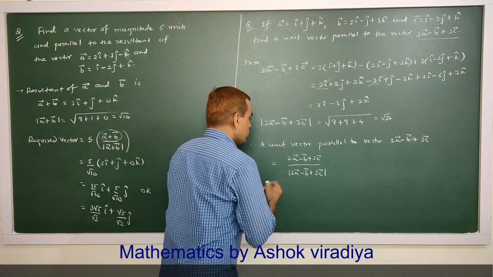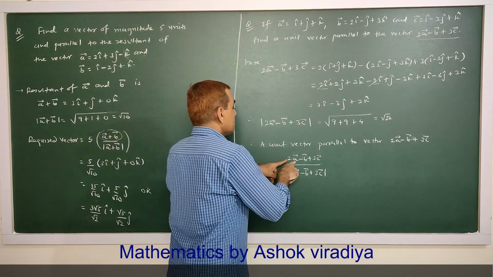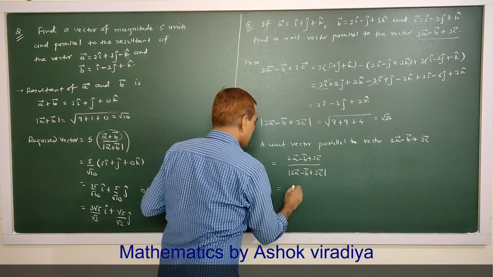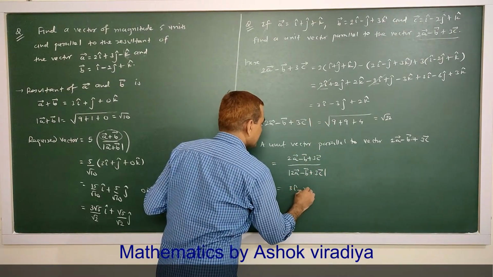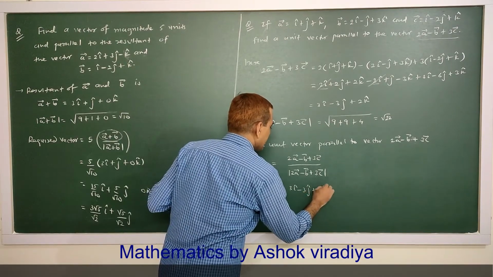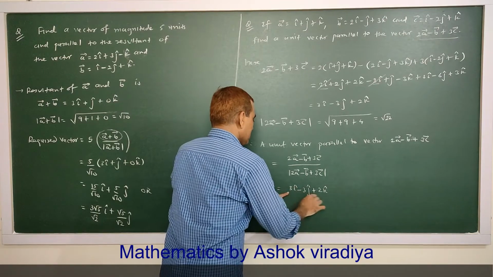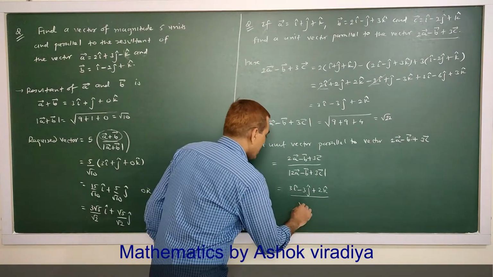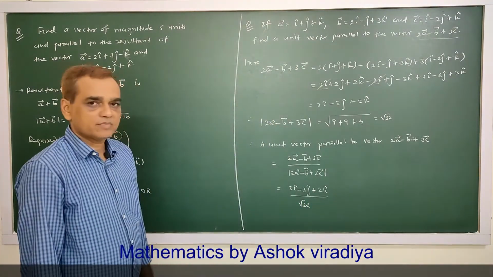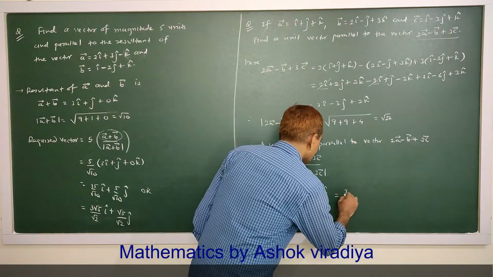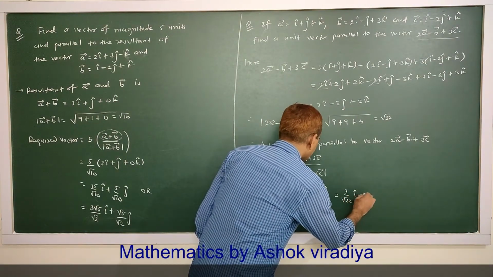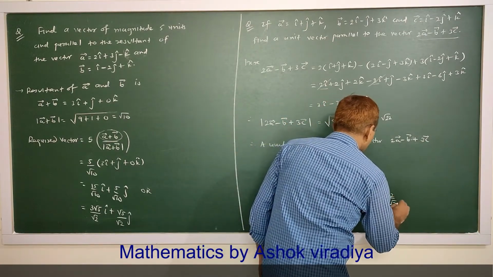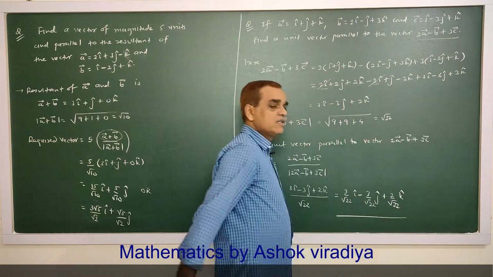So it is equal to this vector, 3i minus 3j plus 2k, in the numerator, upon the magnitude of this vector, which is square root of 22. So it is equal to 3 by root 22 times i minus 3 by root 22 times j plus 2 by root 22 times k. So this is the required vector.